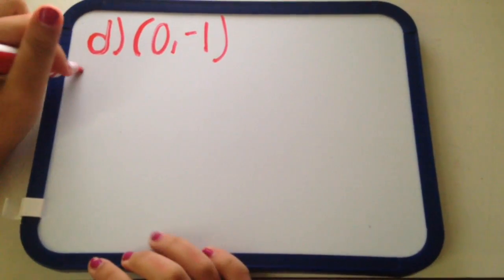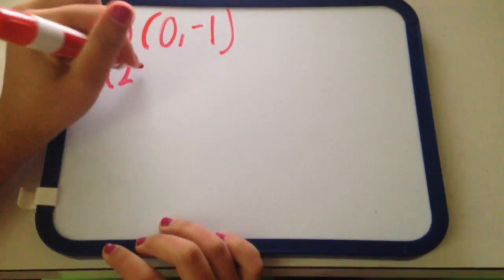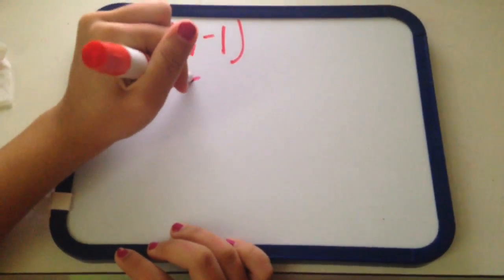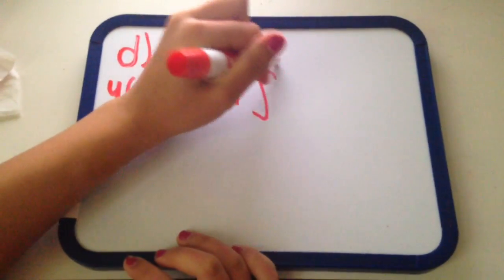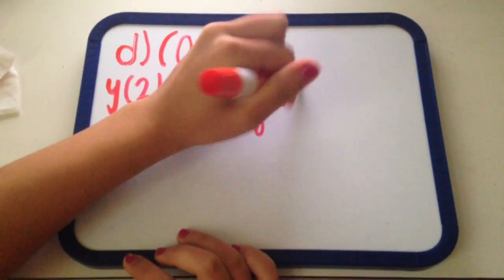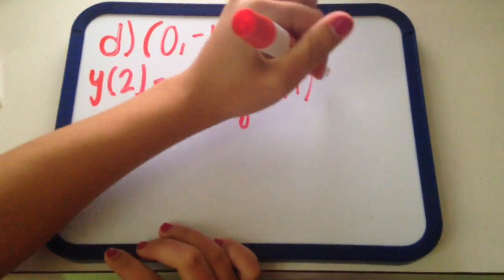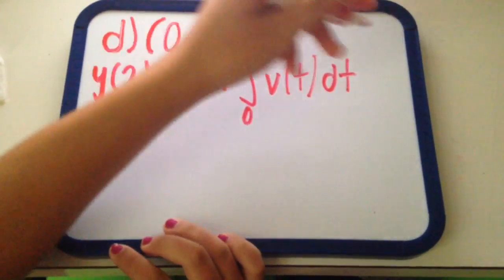In part D, it asks to find the position of the particle at time equals 2. It is given time equals 0, y equals negative 1. Now we find the position, time equals 2, using the initial condition, which is negative 1, plus antiderivative of velocity from 0 to 2.